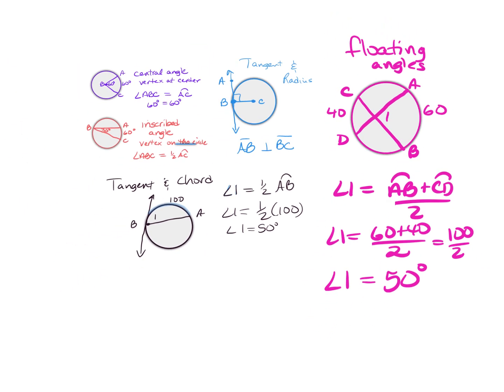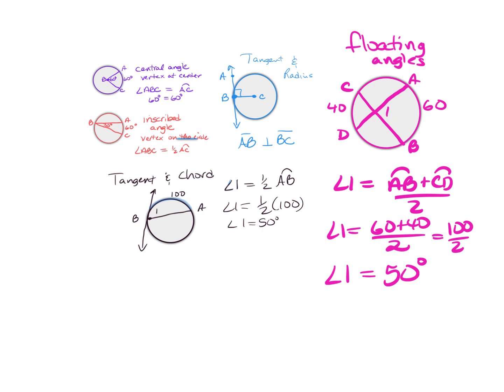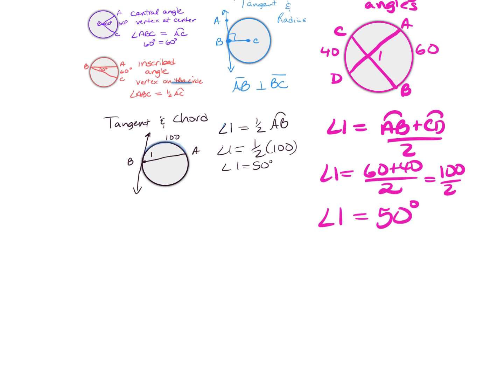Then we saw the 3 scenarios with either the 2 tangents, tangent and a secant, or 2 secants, and what that created. So we had another circle, and then let me draw one more.